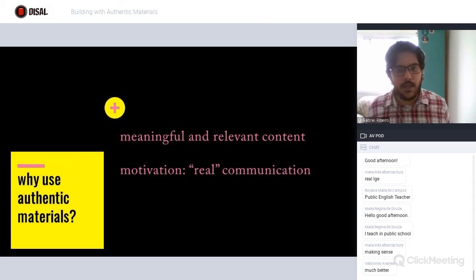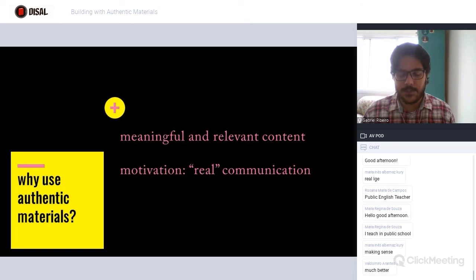Think about a dialogue, for example, which is a classic. It's a staple in English classrooms, right? You have a dialogue between two people, and you have to figure something out to get some information. How often are you going to eavesdrop? How often are you going to listen to somebody else's conversation?